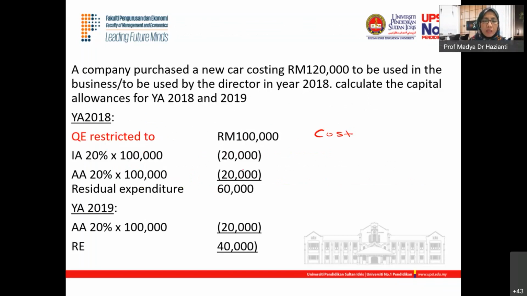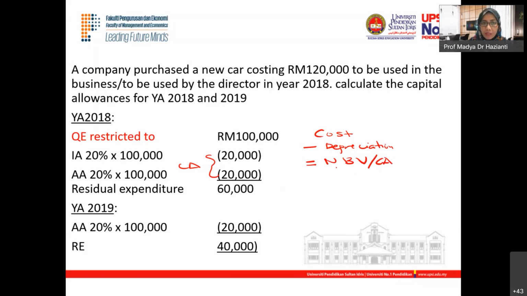And then our initial allowance and so ini adalah kata allowance. Our initial allowance ini kalau dalam accounting it is equivalent to depreciation. Right, cost minus depreciation will give us what we call a net book value or carrying amount.